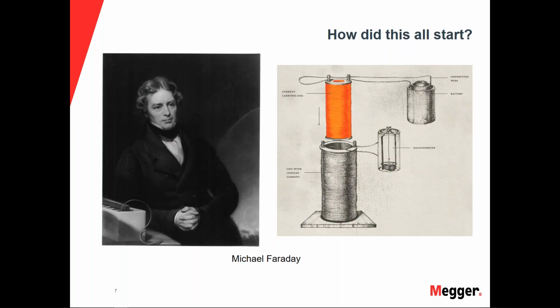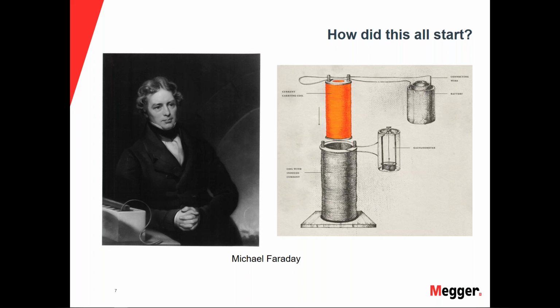Well, it all started with this gentleman here, Michael Faraday. A little bit of history: he was a British chemist and physicist who worked in the field of electromagnetism and electrochemistry. He discovered benzene, I believe, and also worked on trying to produce mechanical motion.